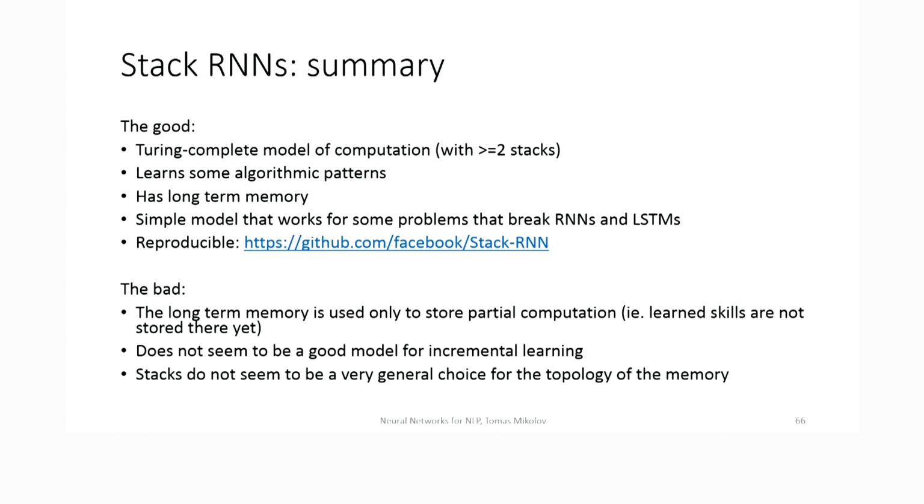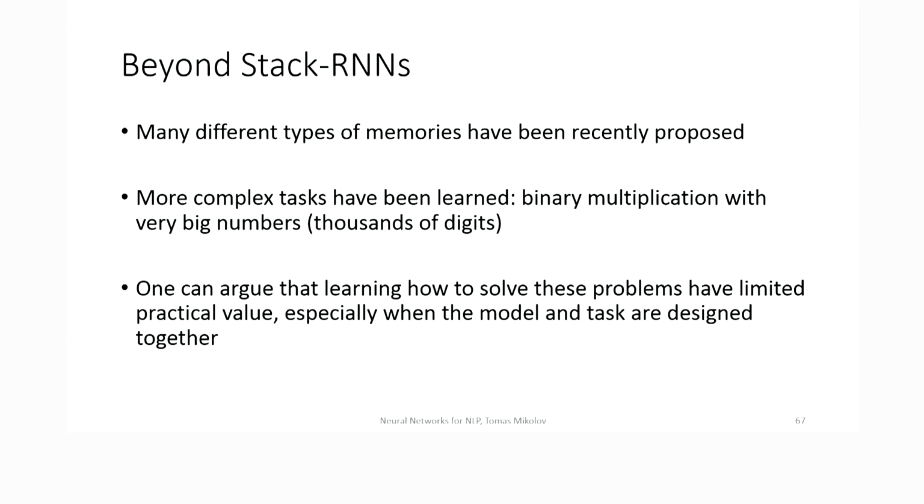So we believe that better types of long-term memory are needed in the future, and there have actually been several papers written on this topic after we published the stack RNNs, advocating for different types of memory structures. But it doesn't seem to be a solved problem, and I still think that we have a lot of things to discover before we obtain a model that actually works well when it comes to long-term memory.